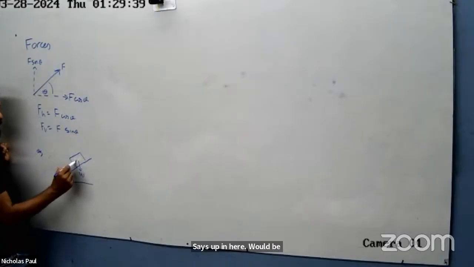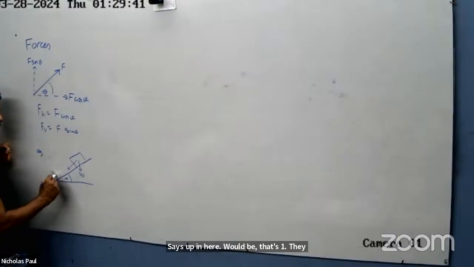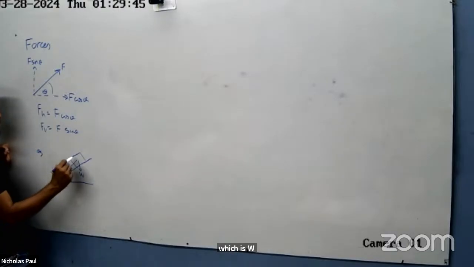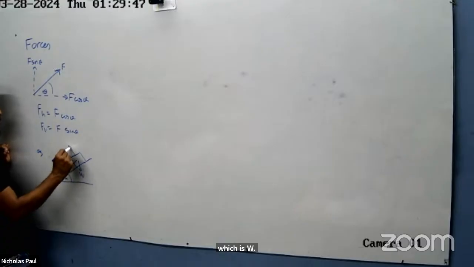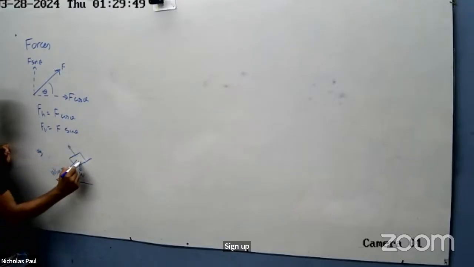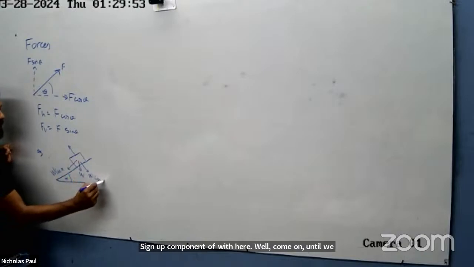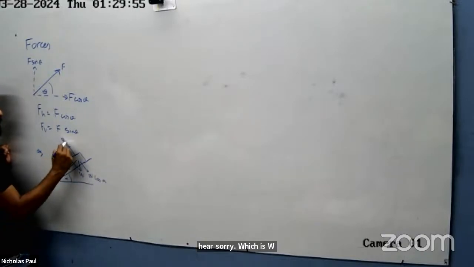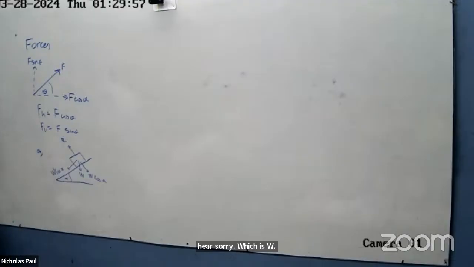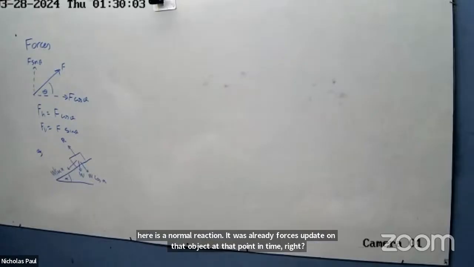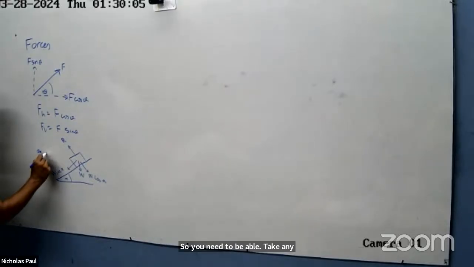The component of weight along the slope is W sine alpha, the component of weight perpendicular to the slope is W cos alpha, and here is a normal reaction. Those are all the forces acting on that object at that point in time. So you need to be able to take any scenario and draw all the forces acting.